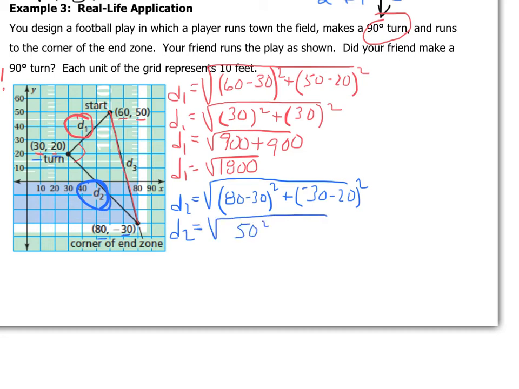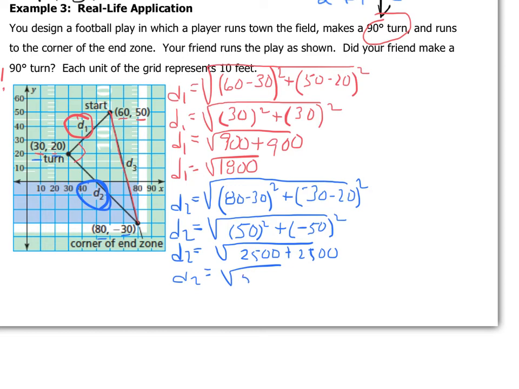We get 50 squared. We get negative 50 squared. D2 is the square root of 2500 plus 2500, which is the square root of 5000. Again, I'm going to leave the square root sign for now.